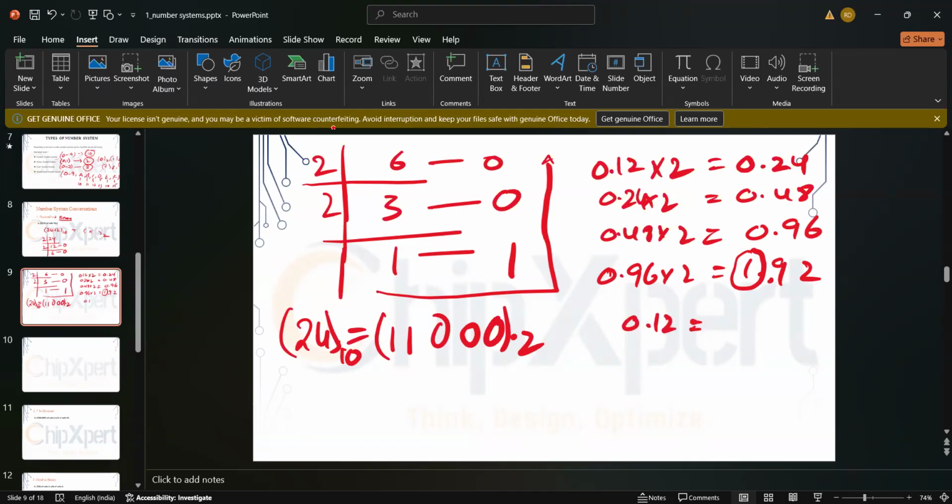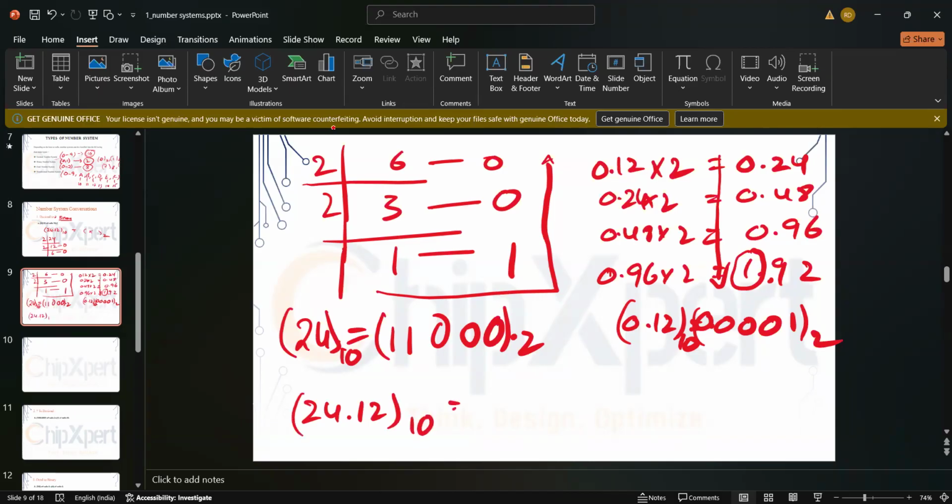For 0.12, I need to read the values from top to bottom, so 0.001. This is the binary number I got for 0.12. That means 24.12 of base 10 equals 11000 point 0001 of binary.